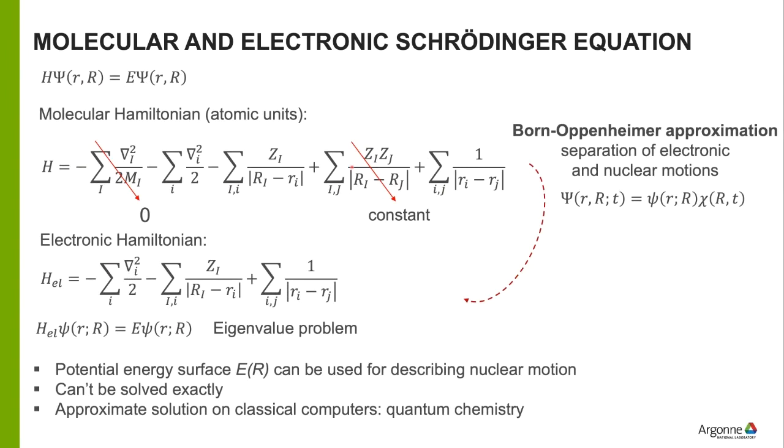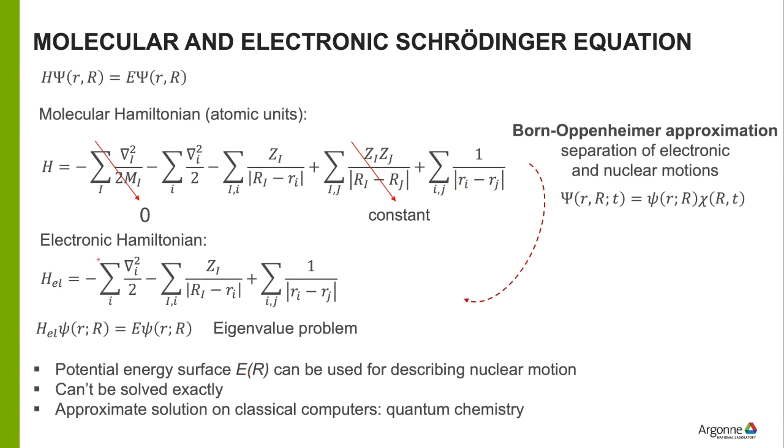So we are solving this eigenvalue problem for the electronic Hamiltonian, which contains these 3 terms. And this is one of the main problems in quantum chemistry that's been solved. Once you compute these energies for multiple internuclear distances, you can use this potential energy surface to describe the nuclear motion.